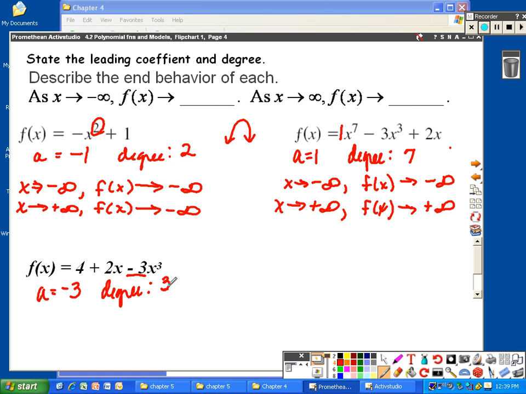So, since it is an odd degree, and it is a negative leading coefficient, it will be the opposite of how it begins. So as x heads towards negative, f of x will head towards positive infinity. And as x gets more positive, y will get more negative.